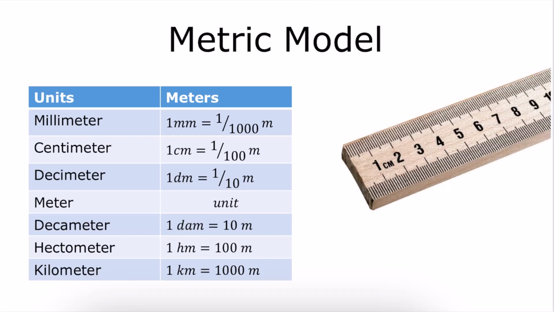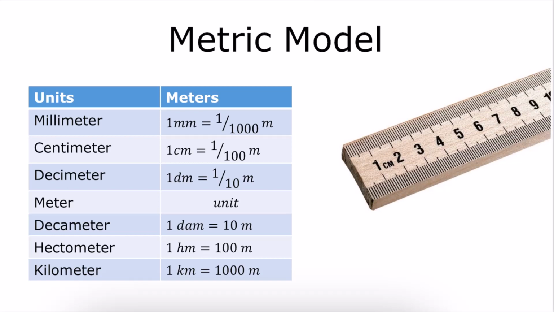And this is just like our whole number system. But if you take a meter and cut it up into 10 pieces, you get a decimeter, which is about the length of an adult finger. And if you split that into 10 pieces, you get a centimeter, and a tenth of a centimeter makes a millimeter.